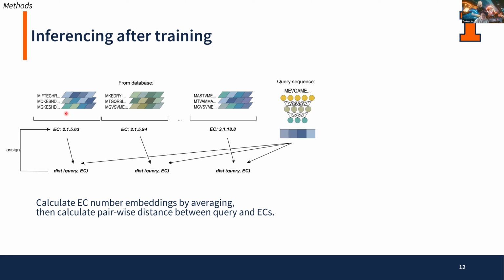The averaged embedding is then assigned to that EC number as the EC number embedding. We do this for every single EC number. Once we have a query sequence, we calculate the pairwise distance between the EC number embeddings and the query sequence embedding. Then we find the shortest distance and transfer the EC number label accordingly.